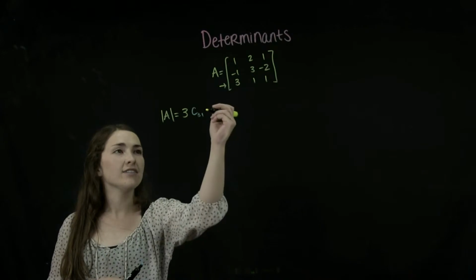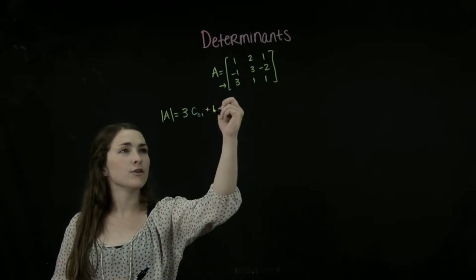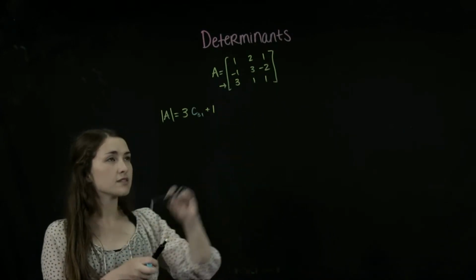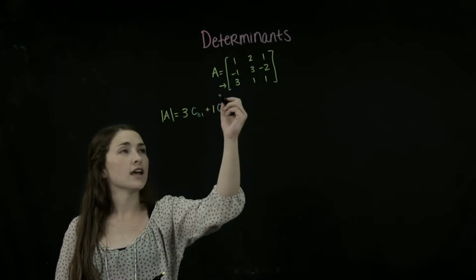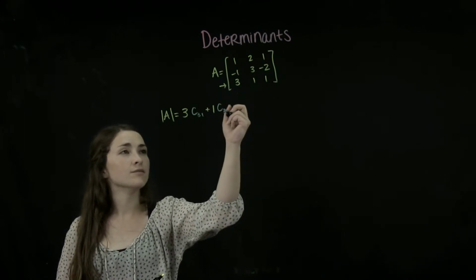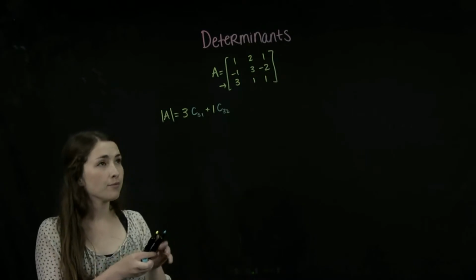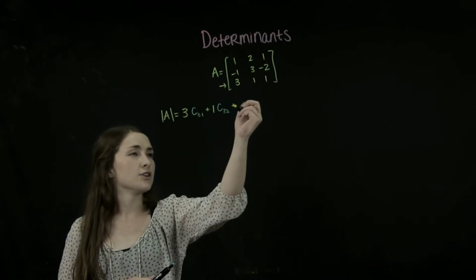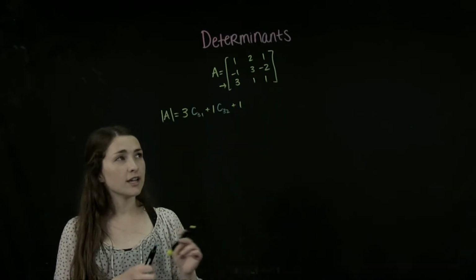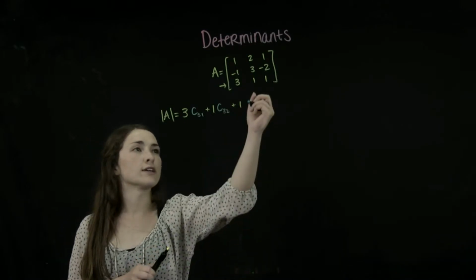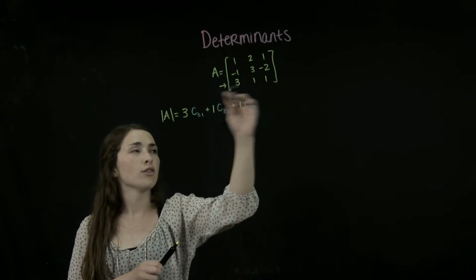And then we're going to add that to our second entry, which is 1, times our cofactor in the third row, second column, which is where this 1 came from. And then add that to our last entry in the row times its cofactor, which is C33, third row, third column.